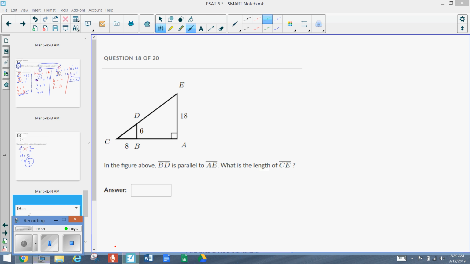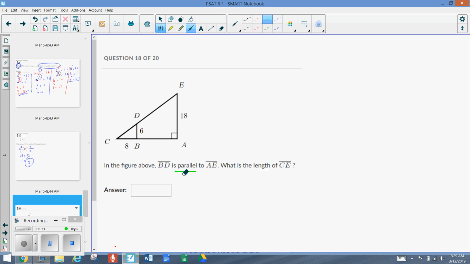This is 9 degrees. And these are parallel. If they are parallel, that means this angle is supposed to be 9 degrees. How nice, we have a right triangle. That means there's a Pythagorean theorem. 6, 8, 10. Why? Again, 6, 8. We know 3, 4, 5 times 2.